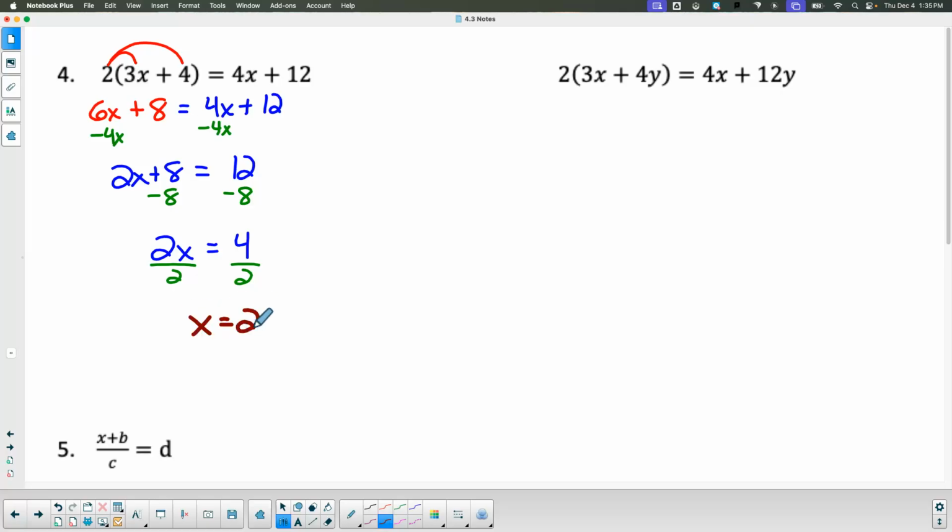I got x equals 2 for the first one. Yes? Okay.